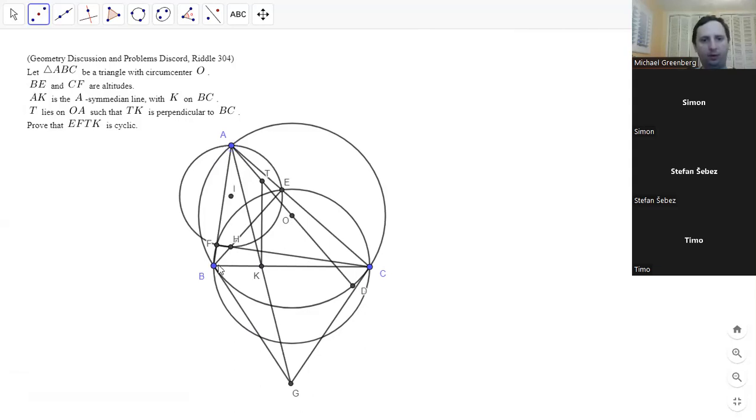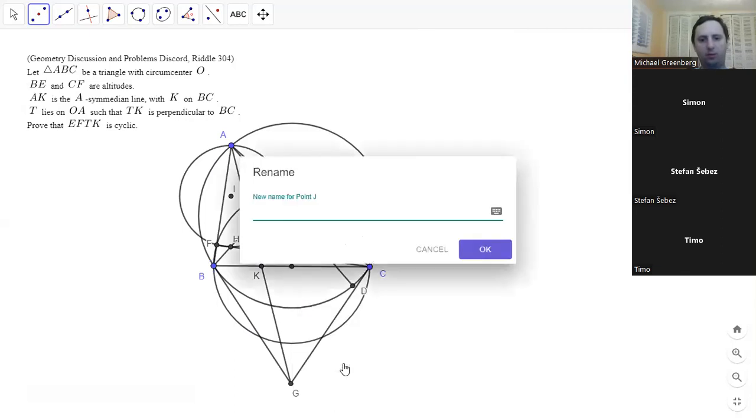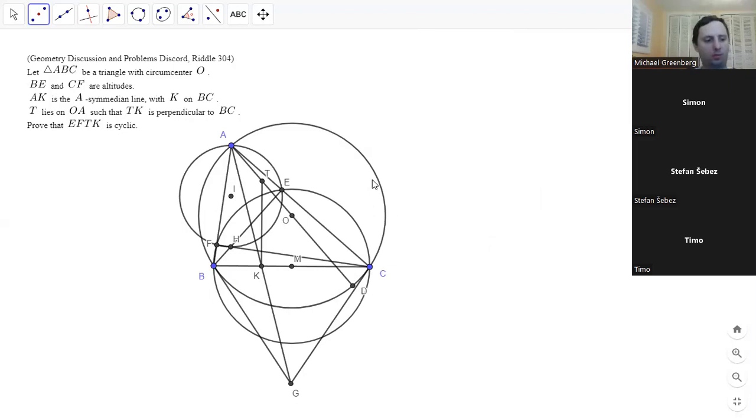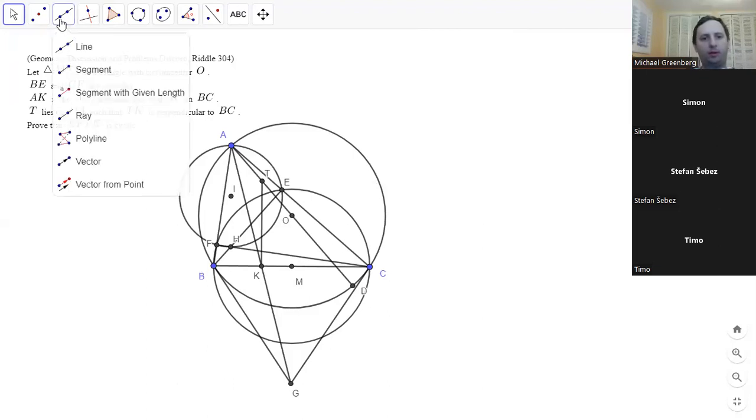We could try drawing these. We know TK is parallel to AH.